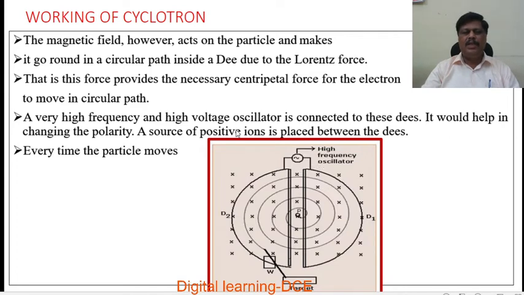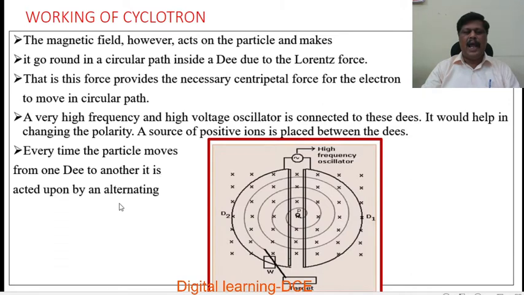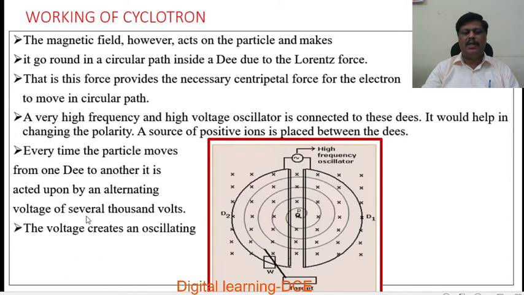It would help in changing the polarity. A source of positive ions, here the source of positive ions is placed between the Ds. Every time the particle moves from one D to another, it is accelerated by an alternating voltage of several thousand volts.